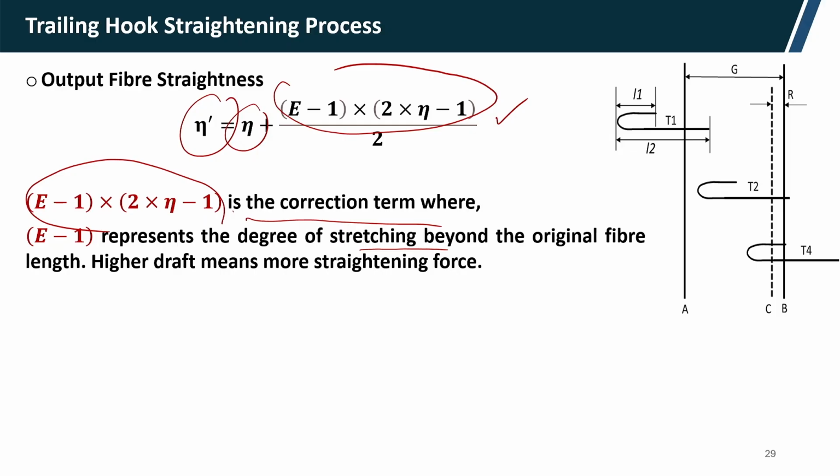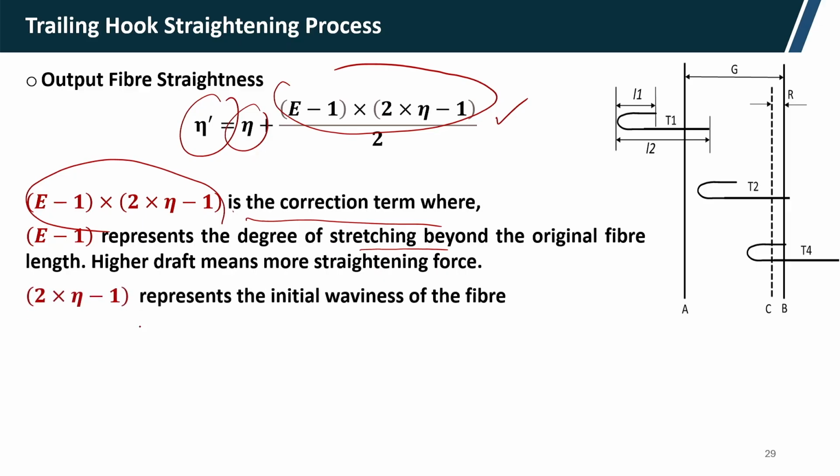Higher the draft means more straightening force, and 2 eta minus 1 represents the initial waviness of the fiber. So, this is the initial straightness. If we know this factor, we can calculate the output fiber straightness.